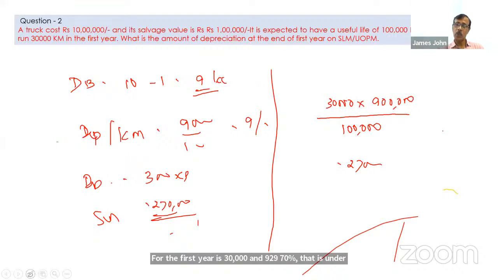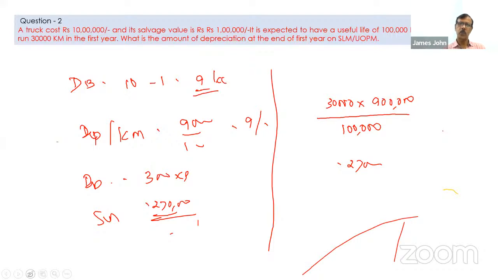Units of production method says the total capacity you write in the denominator. Here total is 1 lakh. Numerator, how much they have produced in the first year. Here the truck had run 30,000 kilometers. So numerator is 30,000 into the base. That also will get you 2,70,000. Okay.